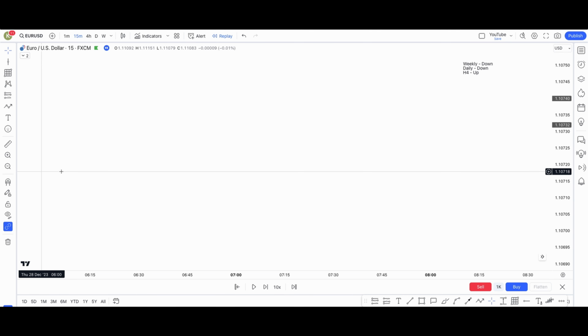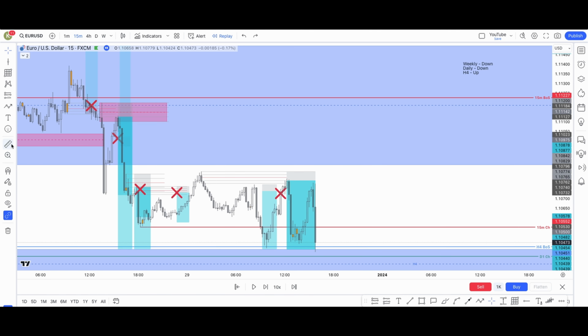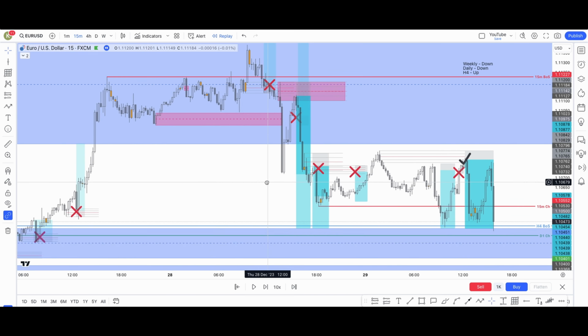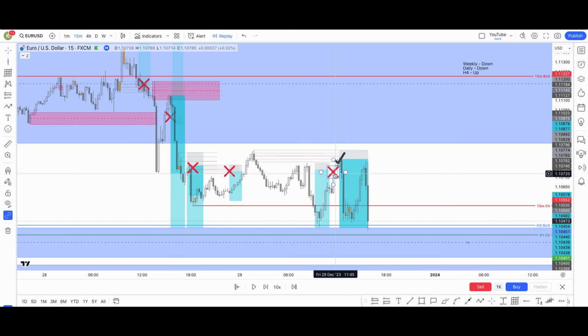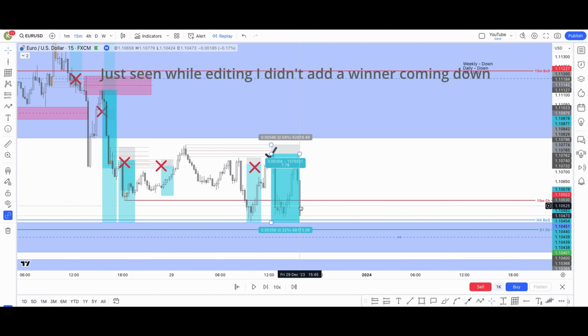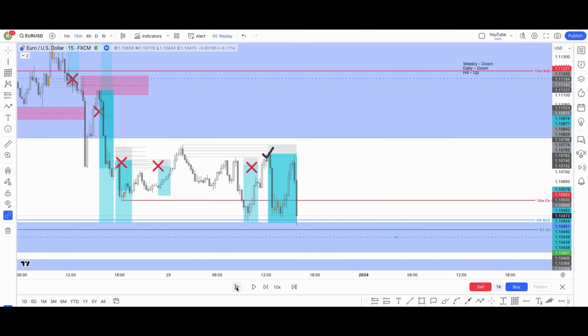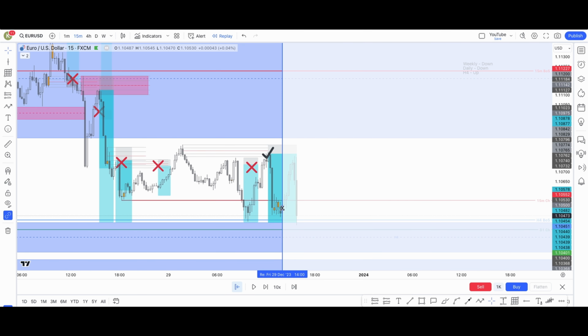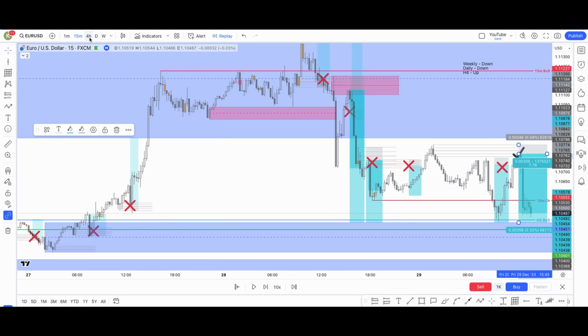Oh my days. I just pressed something, I don't even know what it did. Zoomed in, I think. 7.78. Okay, that's better. And that was a loss, wasn't it? I'm not liking this backtesting at all. I'm going to go back a couple of hours just so I can reveal the charts on the H4.